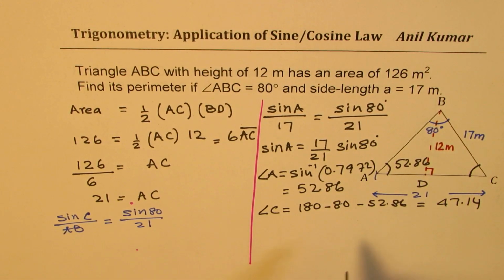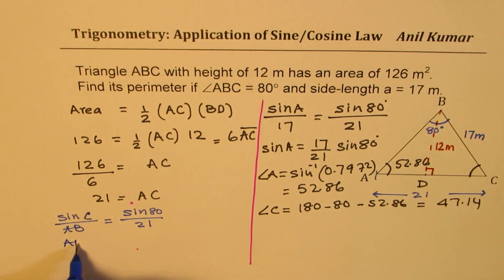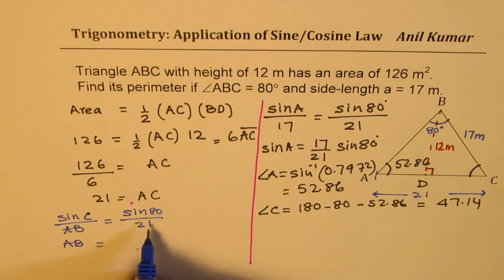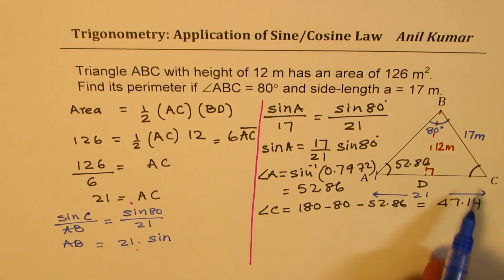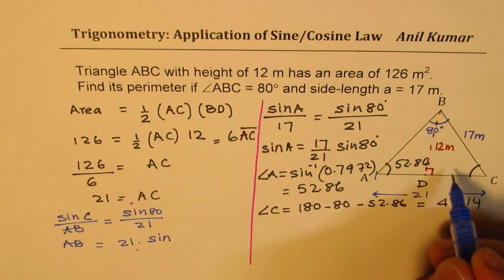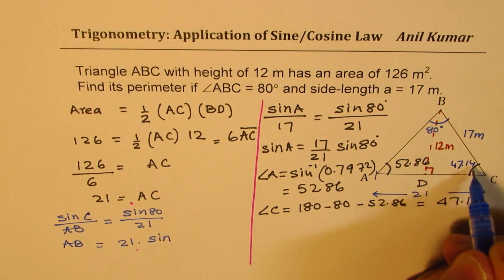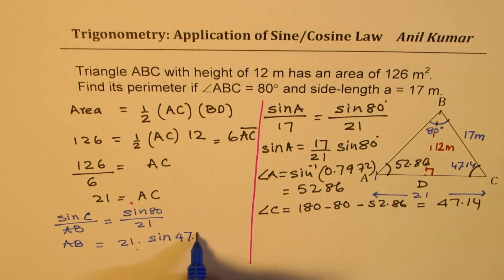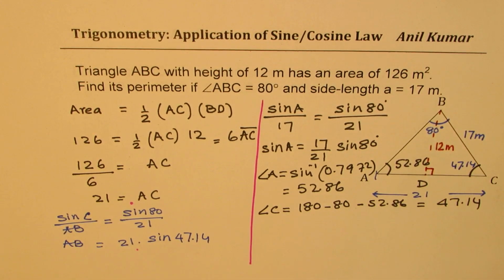So AB, just cross multiply, is equal to 21 times sine C. C is now known to us as 47.14. We are not rounding at this moment, we will round it later, divided by sine of 80 degrees.